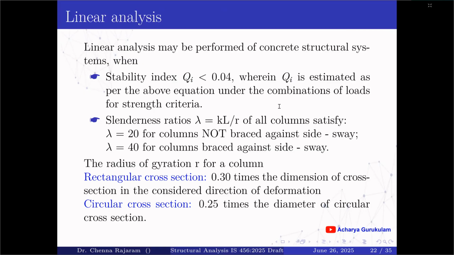Here lambda is equal to KL by r, and r is the radius of gyration. The radius of gyration is to be considered as 0.3 times the dimension of the cross section in the considered direction of deformation for rectangular cross sections. For circular cross sections, the value of r is to be considered as 0.25 times the diameter of the circular cross section.